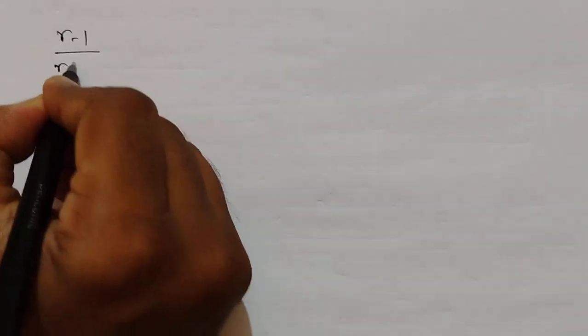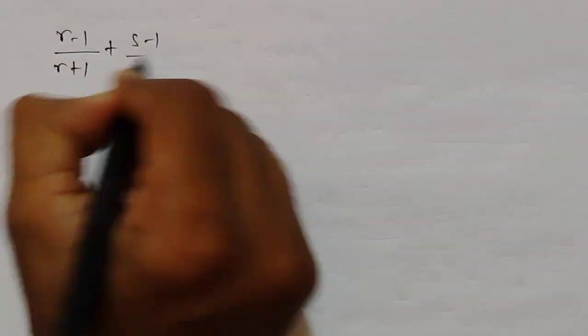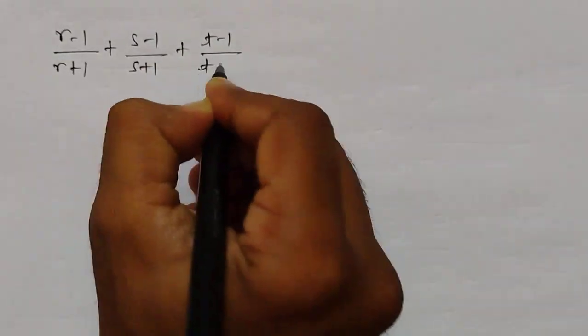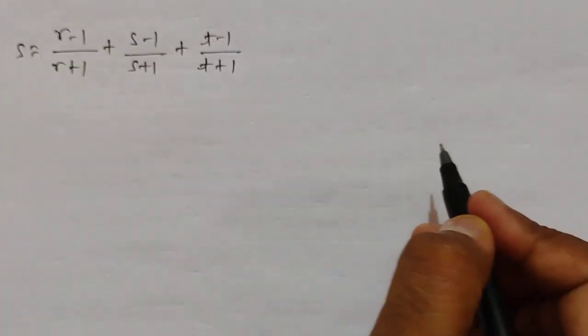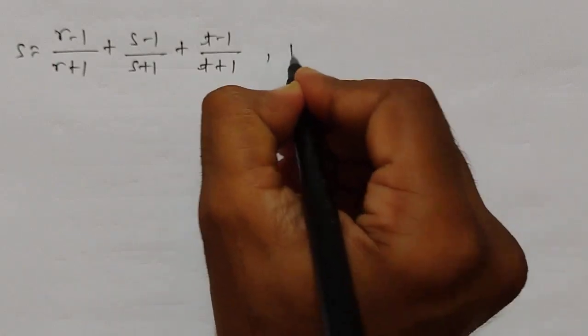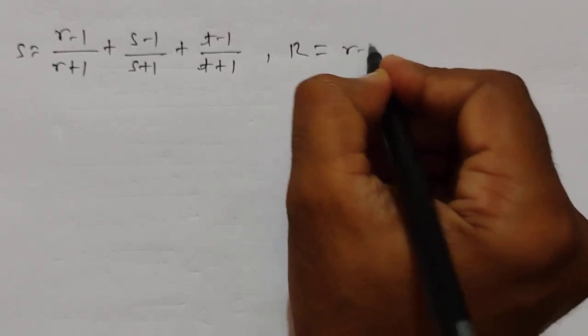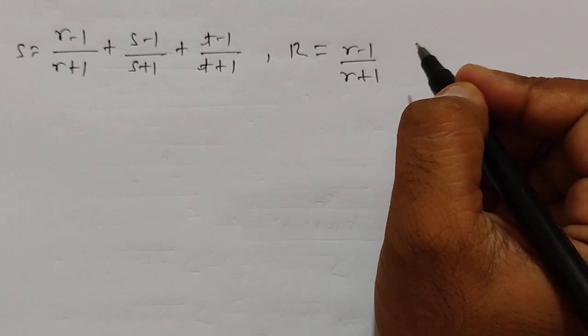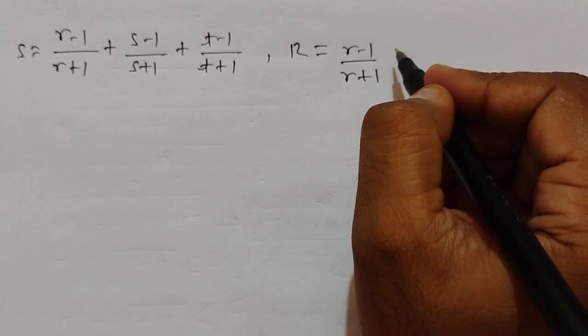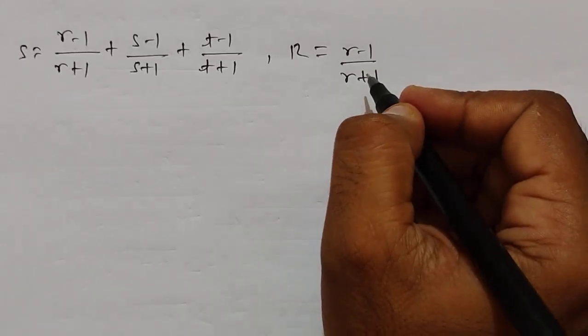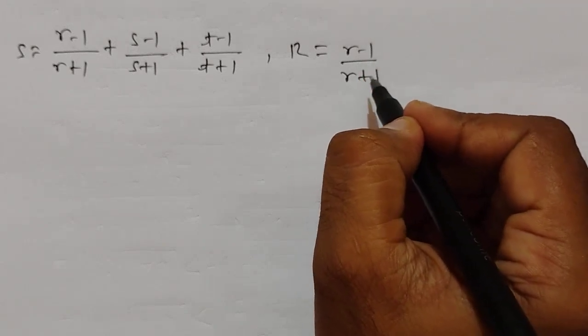So here we start with (r minus 1)/(r plus 1) plus (s minus 1)/(s plus 1) plus (t minus 1)/(t plus 1), and suppose we call this S. It can be written as 3 minus 2 times the sum of 1/(r plus 1), 1/(s plus 1) and 1/(t plus 1).